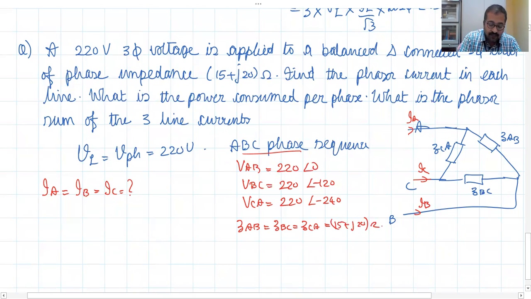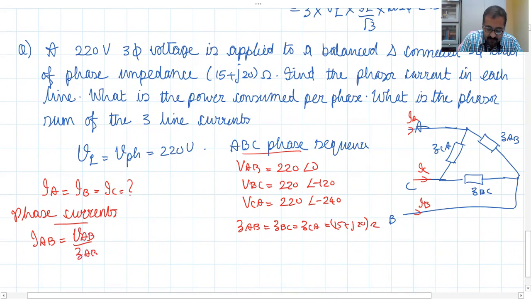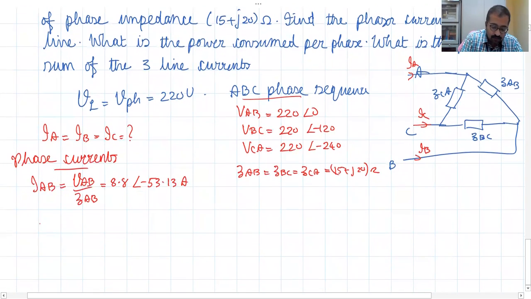Now we can find the phase currents. What is phase current IAB? Phase current IAB will be phase voltage VAB divided by phase impedance ZAB. When you do the calculation, you should get 8.8 angle minus 53.13 ampere. What will be IBC? IBC will be VBC divided by ZBC.